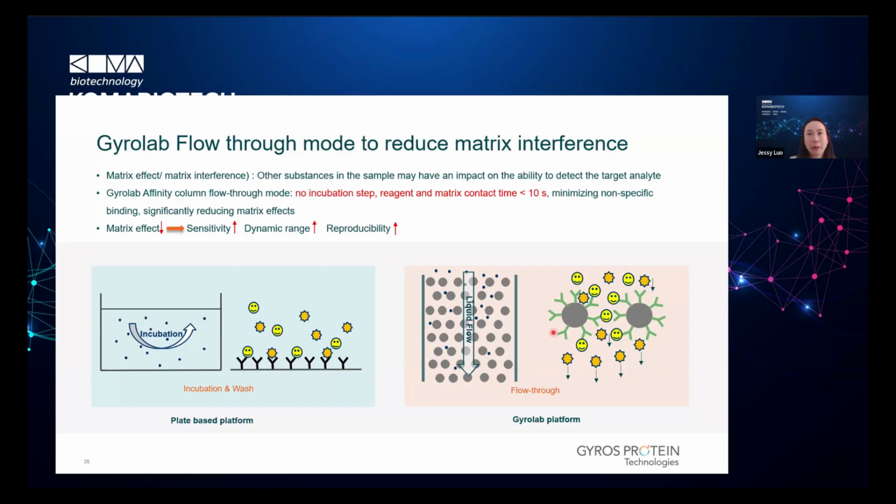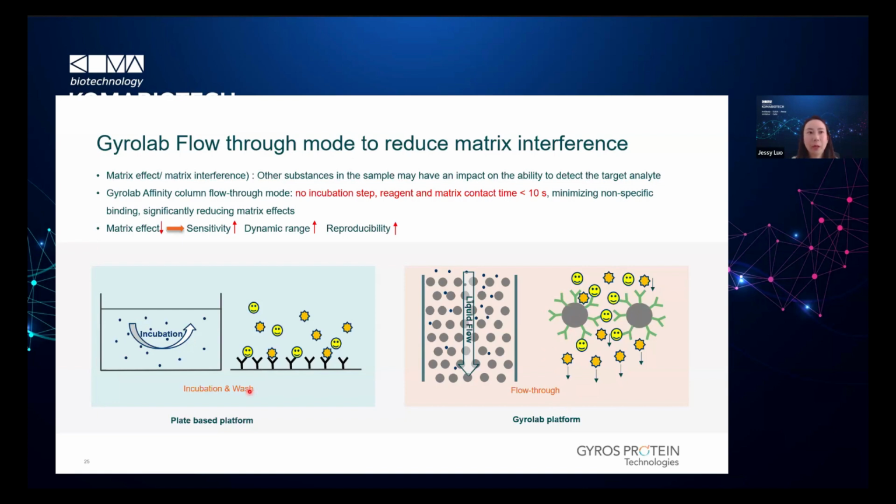But for the other interference matrix, we let it go through quickly. We don't need to incubate at this time because the size of the column is quite small, only 15 nanoliter, and the sample and reagent volume is also quite low. So we just use very limited time to capture what we want to capture, and then let those interfering things just go through and not interact with our analyte or reagents for a longer time.